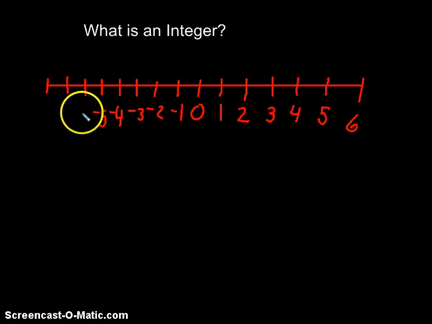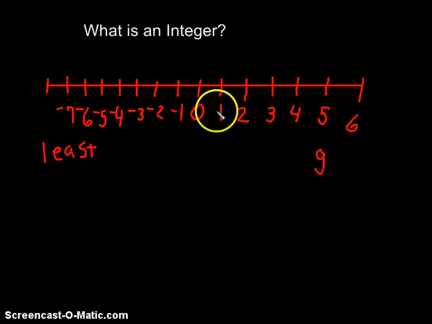As I mentioned before, a number line puts numbers in order from the least to greatest, the least being on the left and the greatest being on the right. It makes sense that 0 is less than 6.